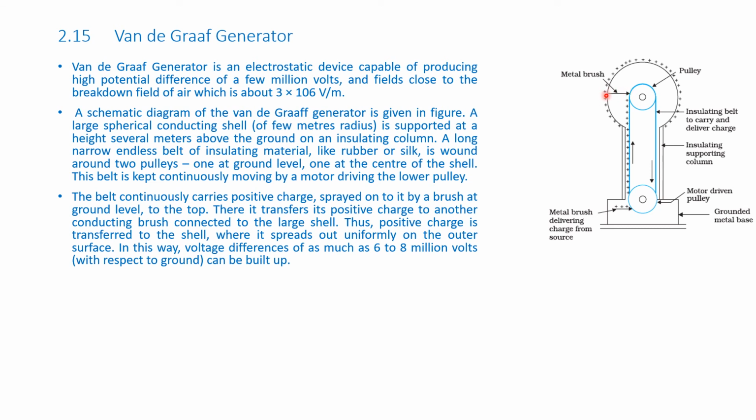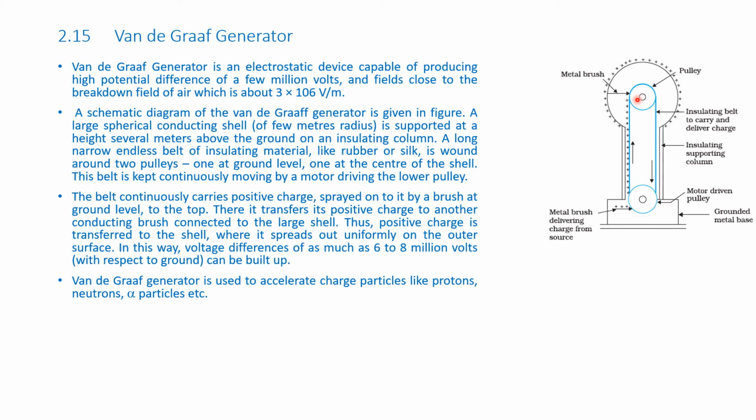Thus the positive charge is transferred to the shell, where it spreads uniformly over the outer surface. In this way, a voltage difference as much as 6 to 8 million volts with respect to the ground can be built up.